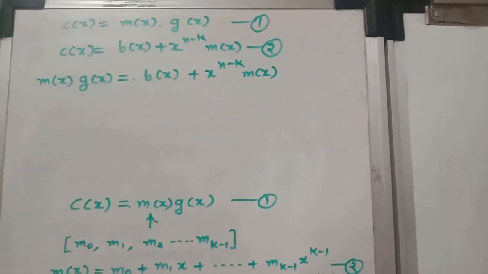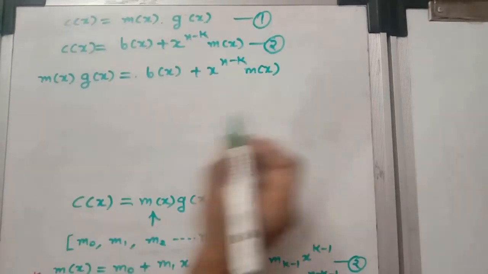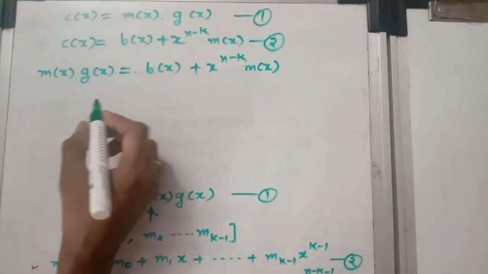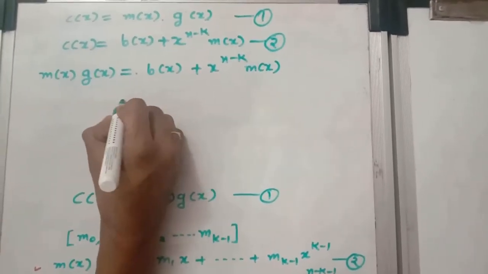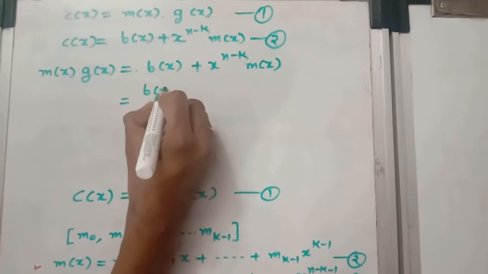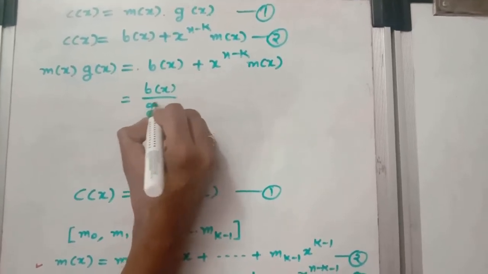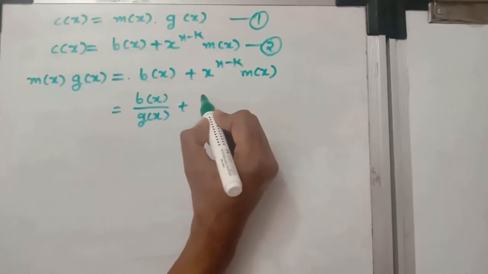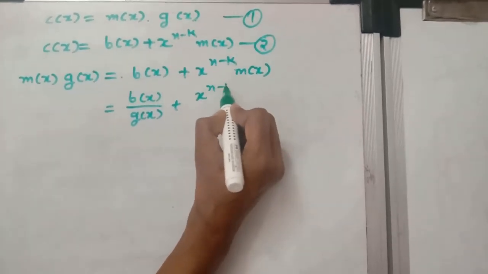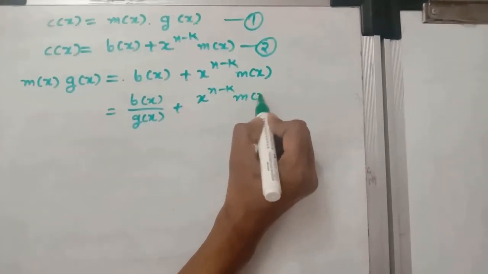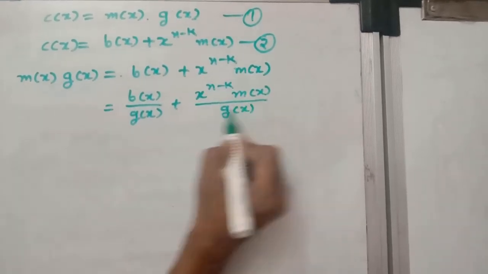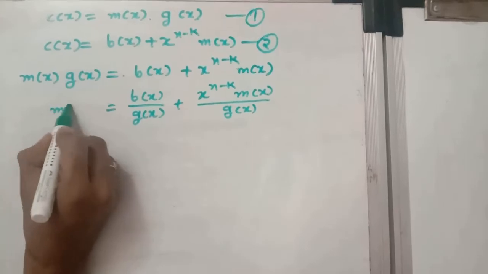If we divide both sides of this equation by g of x, this side will become m of x, and the other side b of x by g of x plus x raised to power n minus k into m of x divided by g of x.